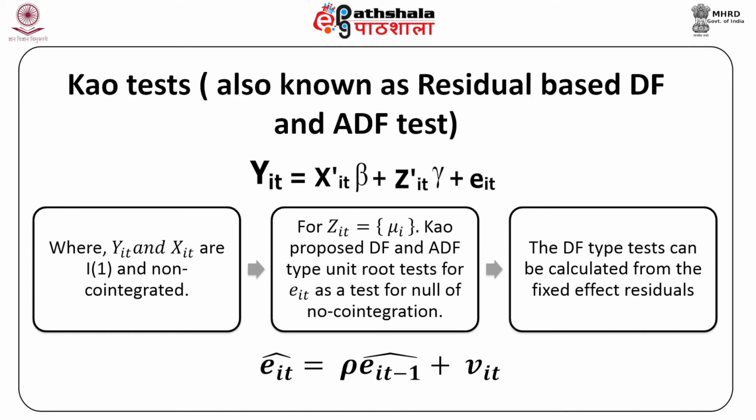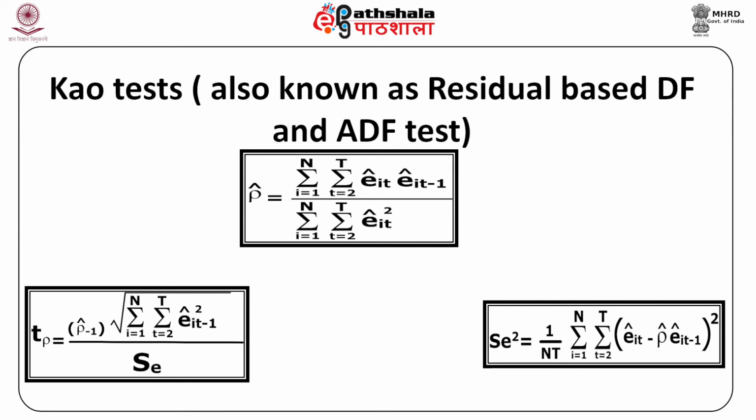The OLS estimate of ρ and the t statistic are given as ρ̂ = Σ_{i=1}^{N} Σ_{t=2}^{T} ê_it ê_it-1 / Σ_{i=1}^{N} Σ_{t=2}^{T} ê_it², and t_ρ = (ρ̂ − 1) √(Σ_{i=1}^{N} Σ_{t=2}^{T} ê_it-1²) / s_e, where s_e² = (1/NT) Σ_{i=1}^{N} Σ_{t=2}^{T} (ê_it − ρ̂ ê_it-1)².